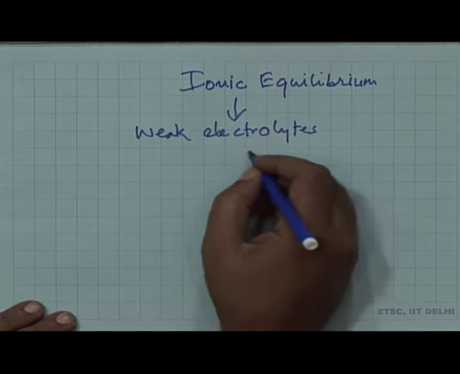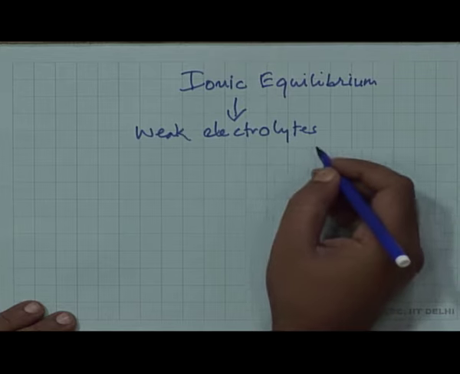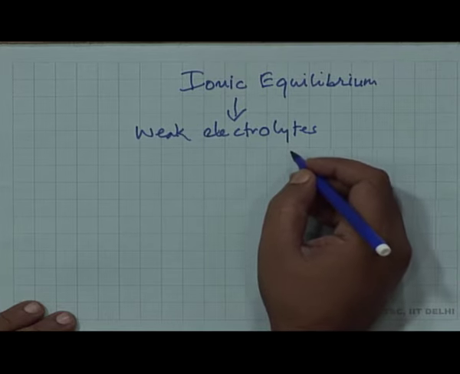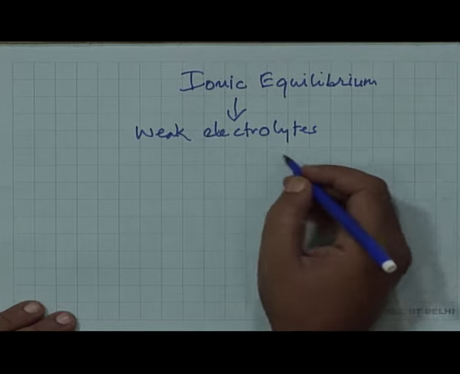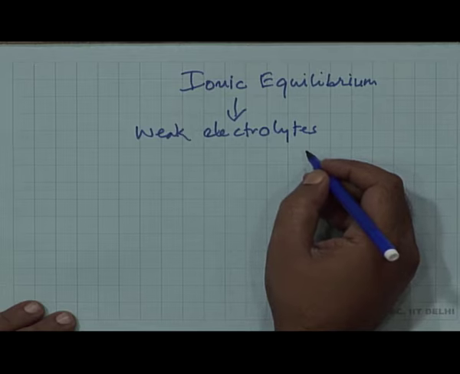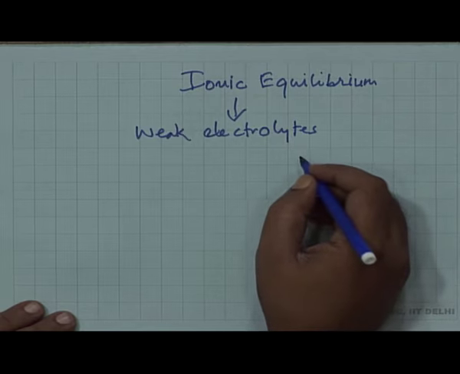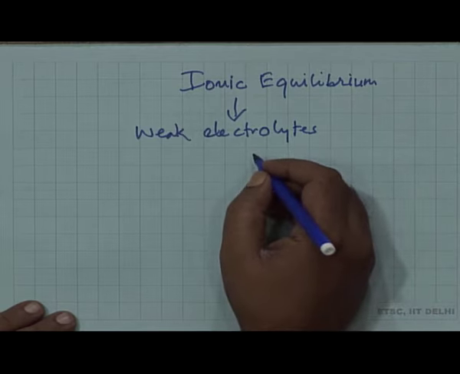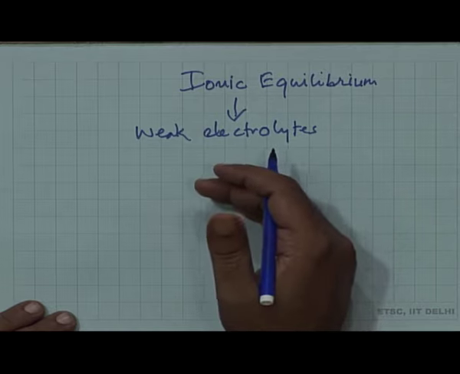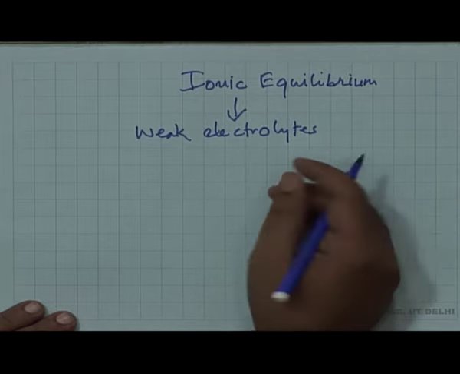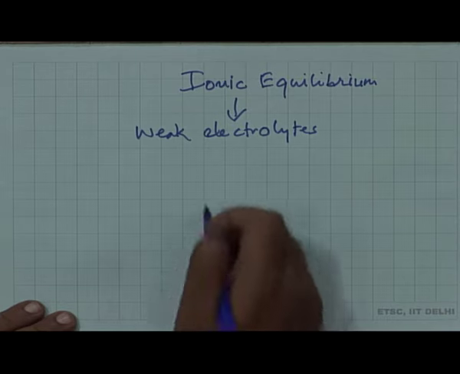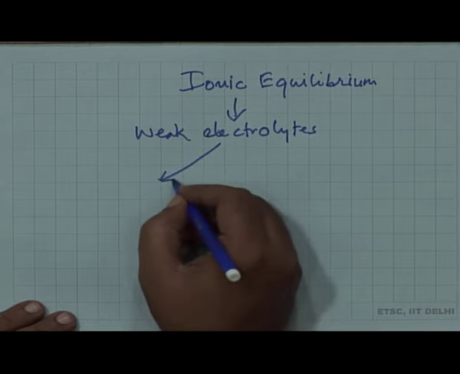What do I mean by weak electrolyte? A salt or a compound which dissociates not completely into water, and there is an equilibrium between undissociated and dissociated species, that is known as a weak electrolyte.